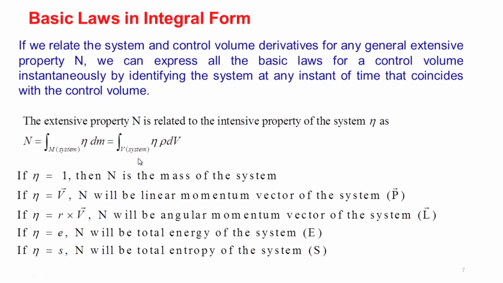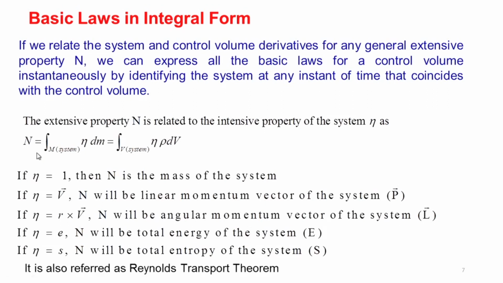So, you can substitute different values for eta and they are given here. Next one is for angular momentum, then total energy and total entropy. So, from this general relationship between extensive property and intensive property, one can obtain basic laws in integral form.